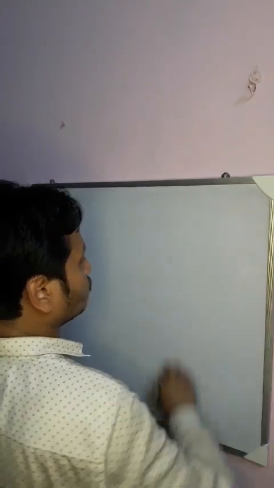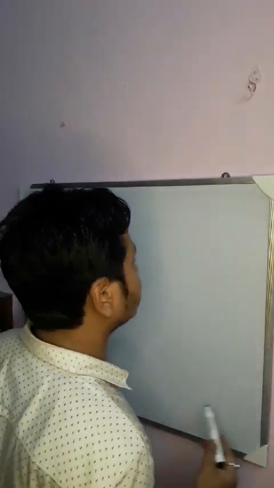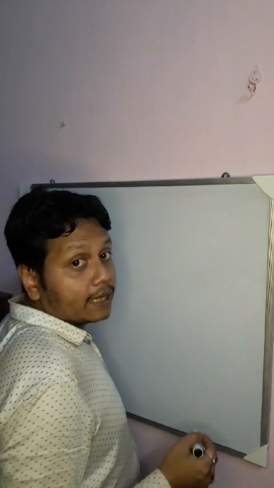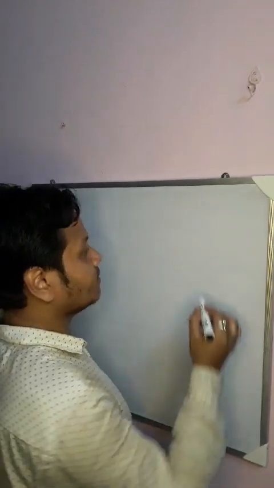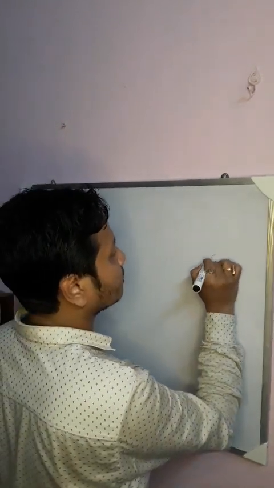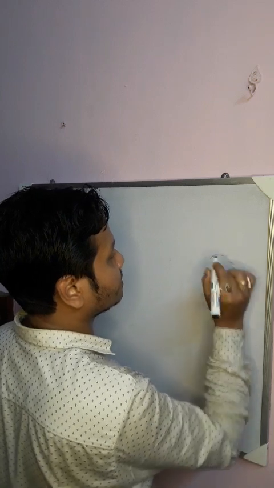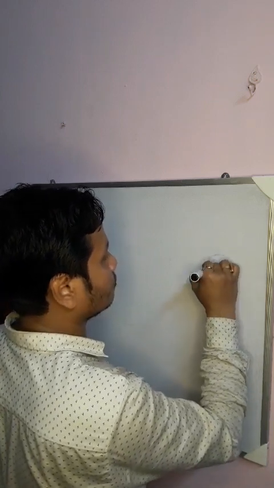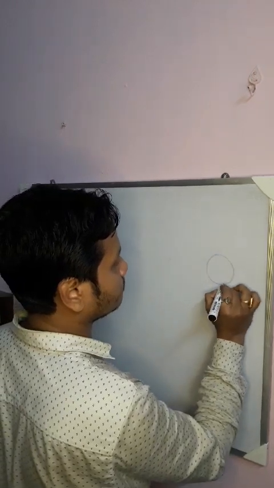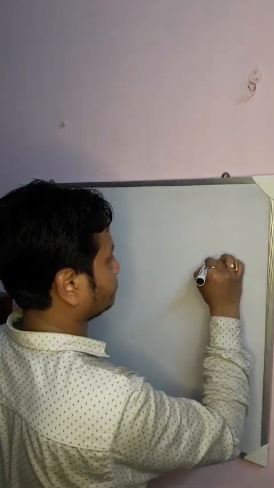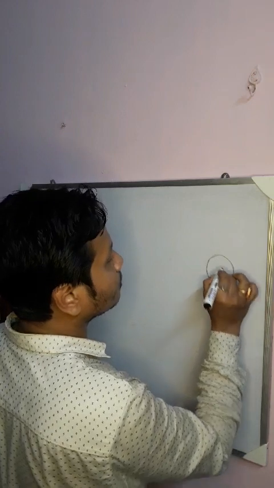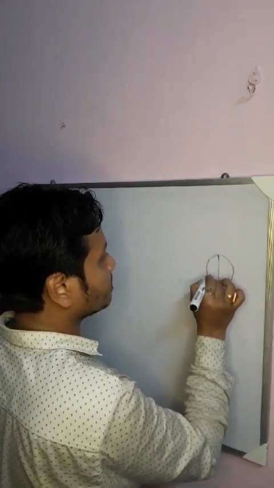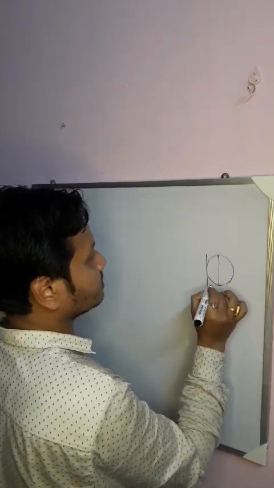Now you can also choose another axis, that is about a tangent parallel to one diameter. So this is the diameter and this is the tangent.